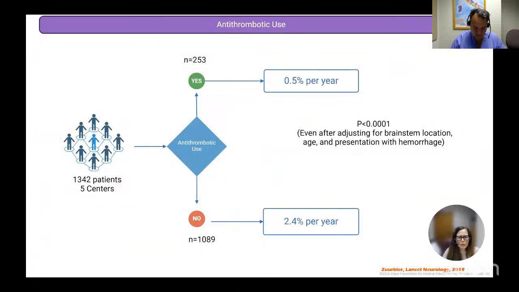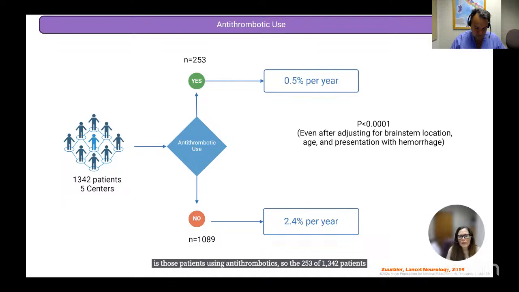In a study that we participated in along with 4 other centers, we were interested in what is the risk of antithrombotics. So you would think that blood thinners would increase the risk of bleeding, but in fact, what we saw is those patients using antithrombotics, the 253 of 1,342 patients, had a lower risk of bleeding from the cavernous malformation than those not on antithrombotics.